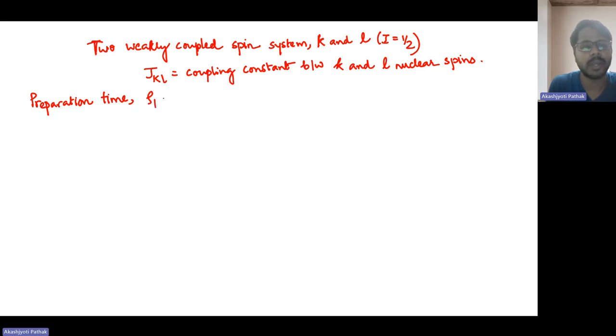Rho one, what can we write? Rho one equals IKZ, because the magnetization is in the Z direction initially. So it will be IKZ plus ILZ, right? You have this K spin and the L spin and magnetization in the Z direction, so you can write the density operator as IKZ plus ILZ.